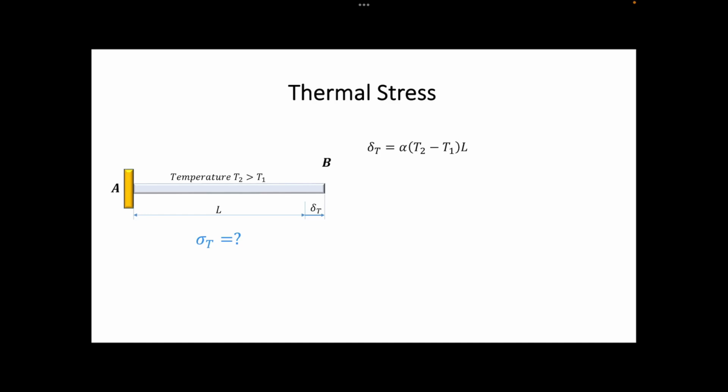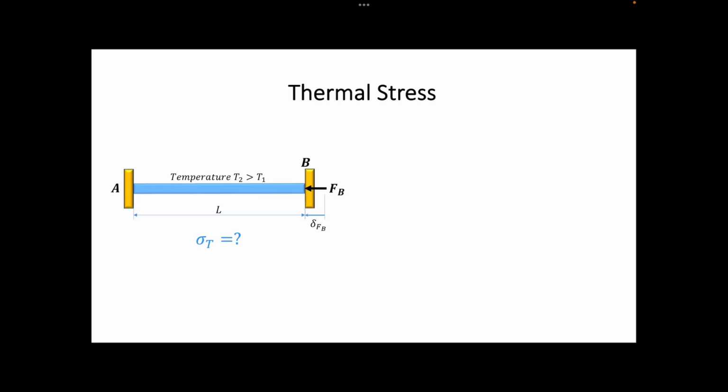From a previous slide, we already know how to determine this elongation. Now, let us not pretend anymore and reapply the support at B with its reactions. Please note that what we are doing here with the force method is all imaginary.